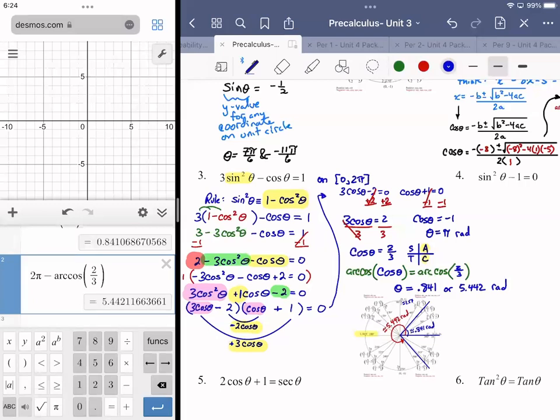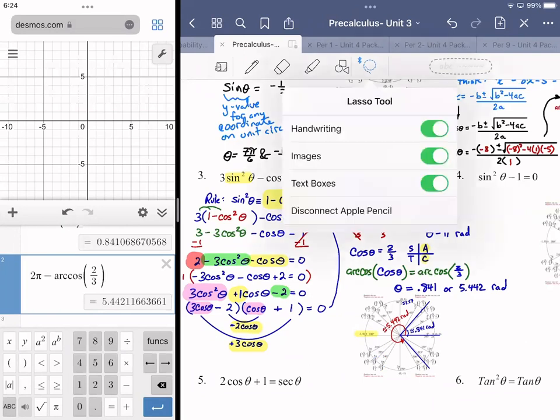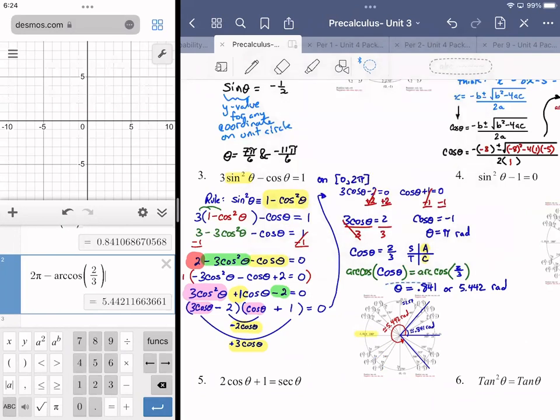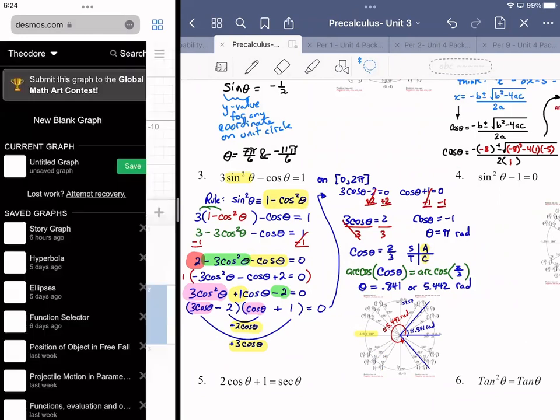If a question didn't ask you to show all this work, and they won't all ask you to do that, but you've got to be prepared to show the work. If it doesn't ask you to show all the work, that's good, because then you could go right to the Desmos approach, and that would bring you right back to the original problem. What I would do is type the left-hand side in as one equation.